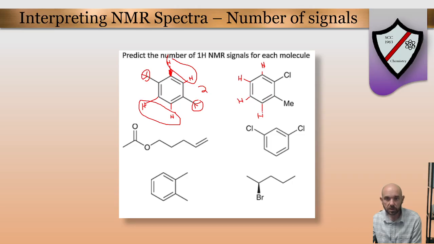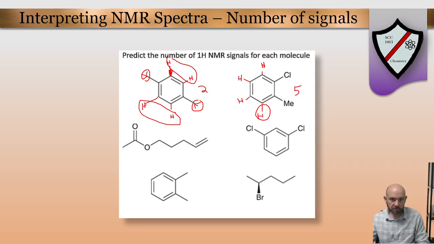For instance, this hydrogen here is one sigma bond away from a methyl group, or two sigma bonds away from a methyl group, and three sigma bonds away from a chlorine, where they're all in different chemical environments. So you would expect four signals from those hydrogens, and then you have a methyl group here. That group of three hydrogens would all be chemically equivalent, so you would expect a fifth signal there. So you would get five signals from this molecule.